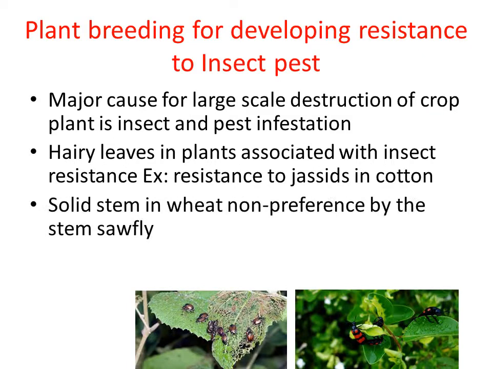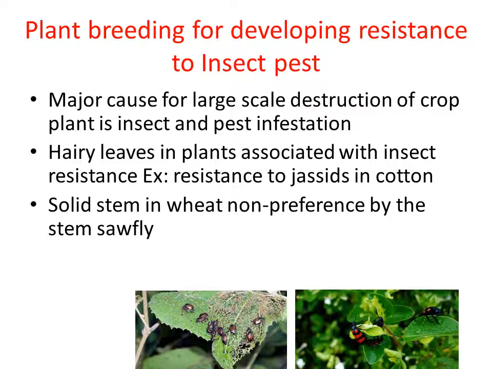And one more example we can see here, the solid stem in wheat, non preference by the stem sawfly. The stem sawfly is one kind of insect, right? It usually attacks the soft stemmed plant. If the stem is very soft, that kind of stem is attacked by the stem sawfly. But in the wheat plant we can see the stem is very solid.